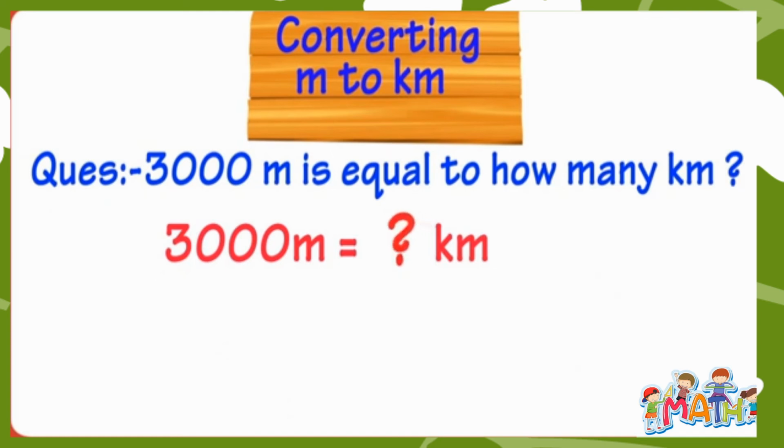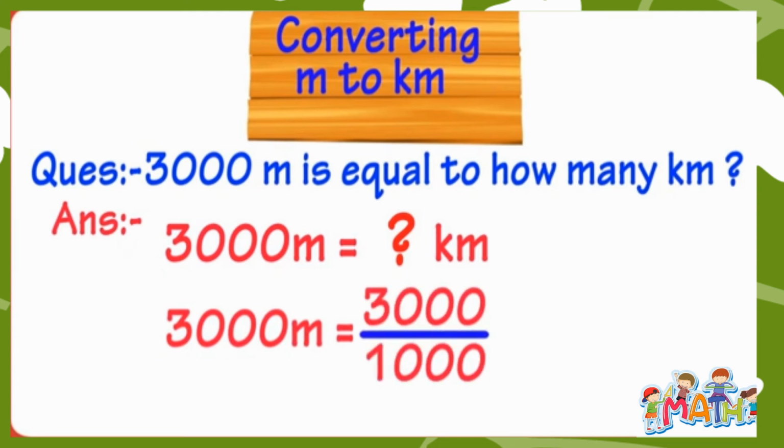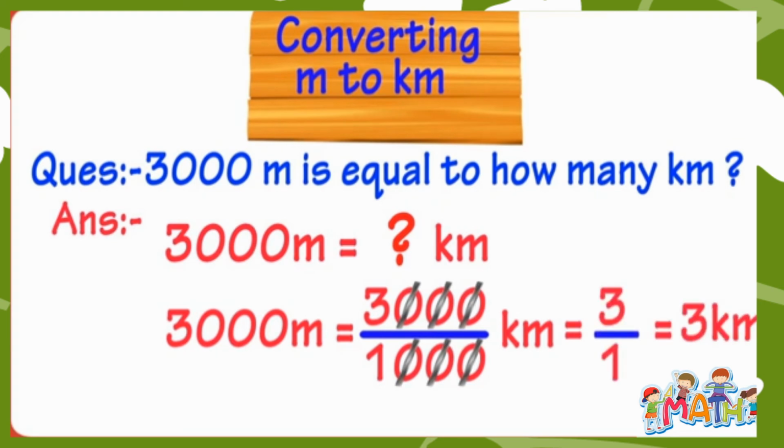So we have 3,000 meters is equal to 3,000 divided by 1,000 kilometers. What is 3,000 divided by 1,000? Equals 3. Yes, correct. So therefore, 3,000 meters is equal to 3 kilometers.